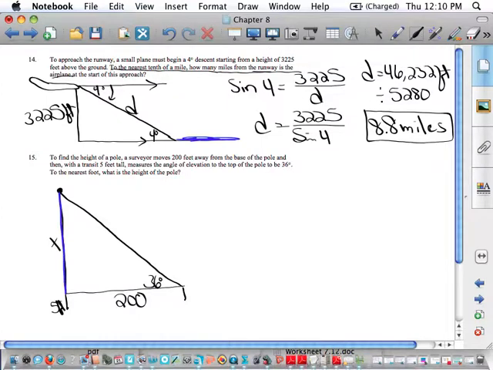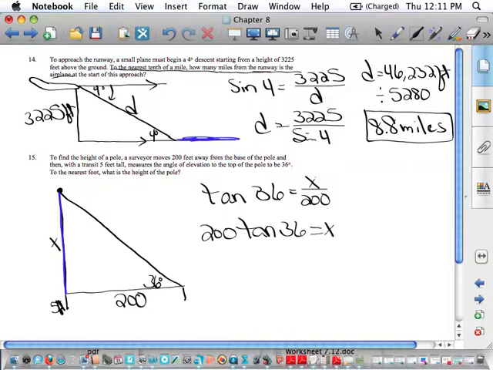So I have the adjacent, I want the opposite, that's tangent. So tangent of 36 is equal to x over 200. The variable's up high, so you multiply. 200 times tangent of 36 equals x. And you should get 145.3 equals x.